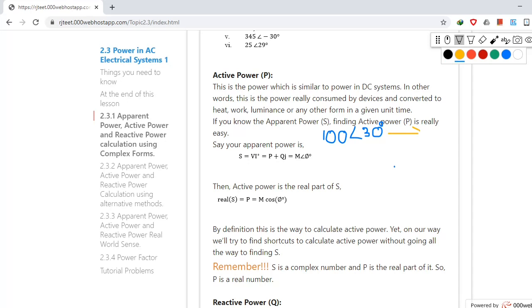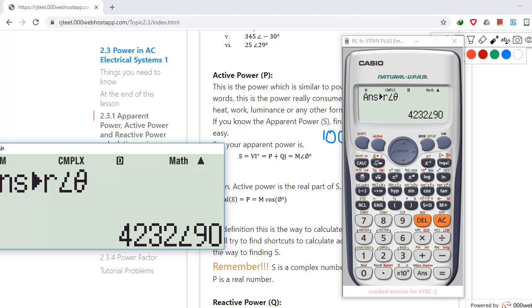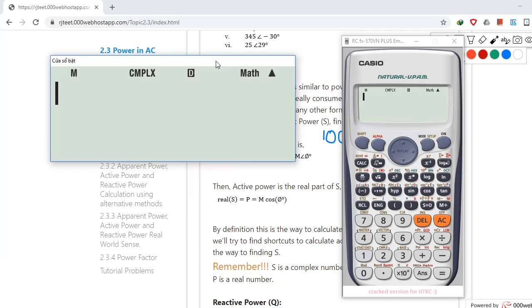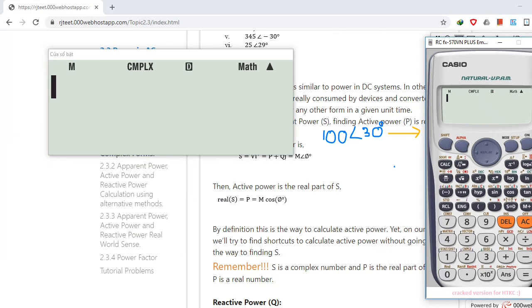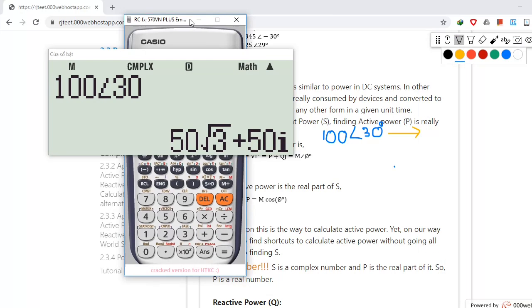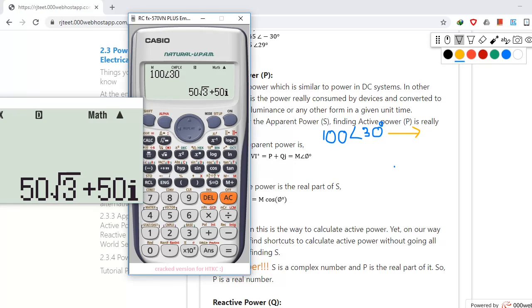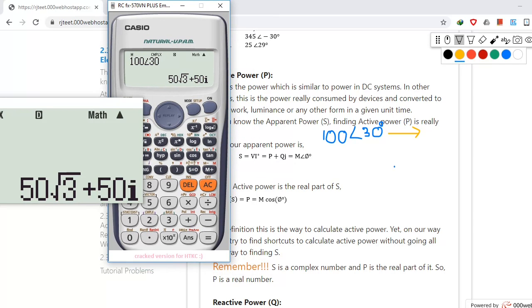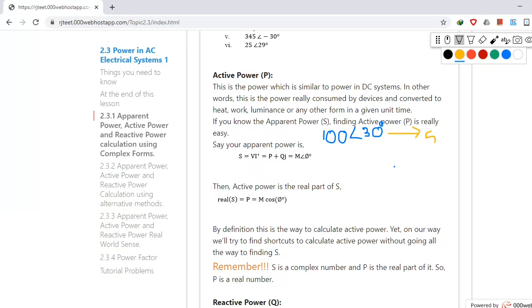You can enter this value in the calculator, 100 angle 30, and you would directly get the real part, because the calculator would convert it to the real plus imaginary form. So then you can directly read the real part. In this case, the real part is 50 times root 3.